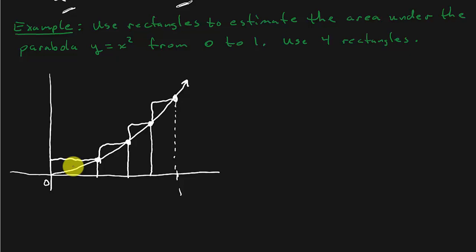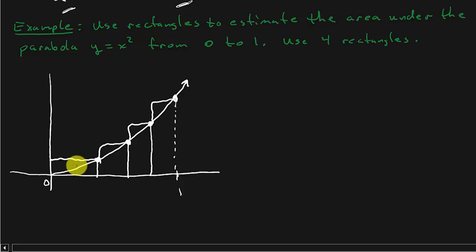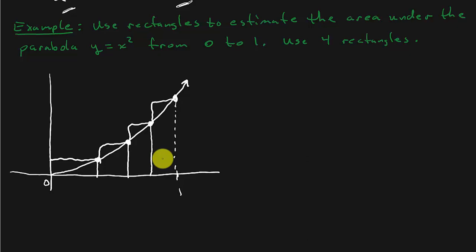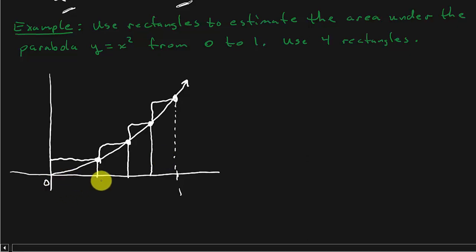All right, so what we're going to do is find the area of each of these rectangles and then sum them up. So what's the area of a rectangle? Well, the area of a rectangle is length times width. So what I need is this width here, and we'll call that width delta x. Keep in mind all of the widths are delta x.